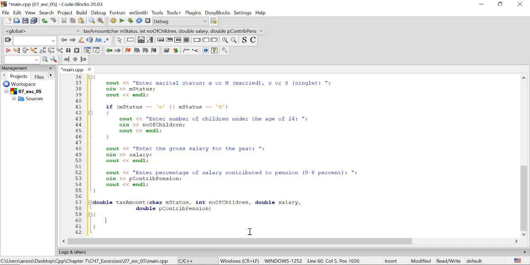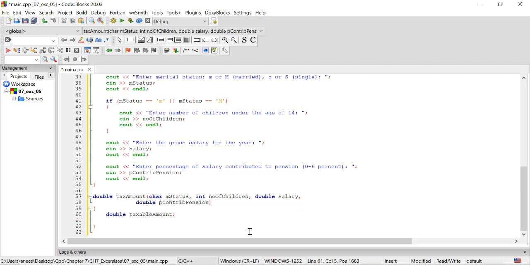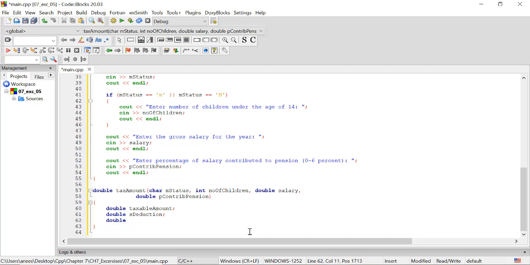Okay. So first we need to start off by creating some variables. One is going to be double, and this is going to be the taxable amount. Double sDeduction, and then double tax.